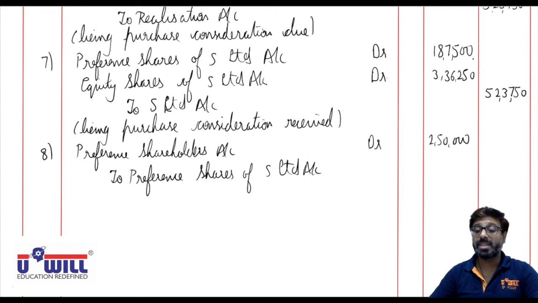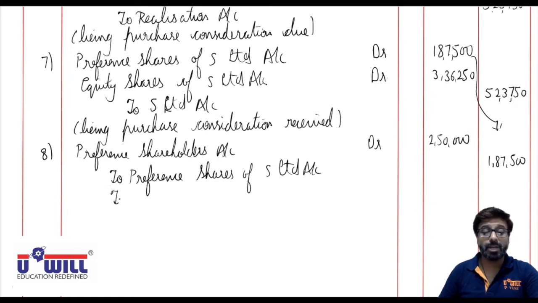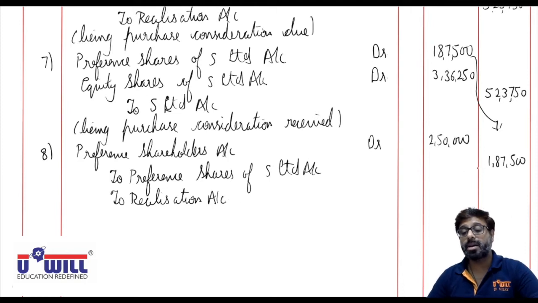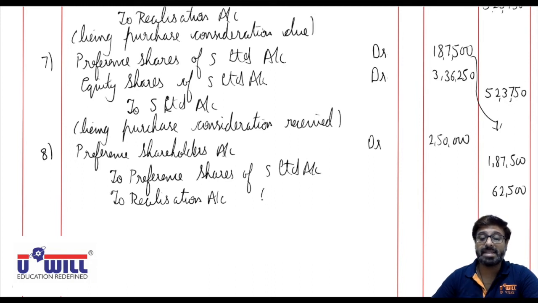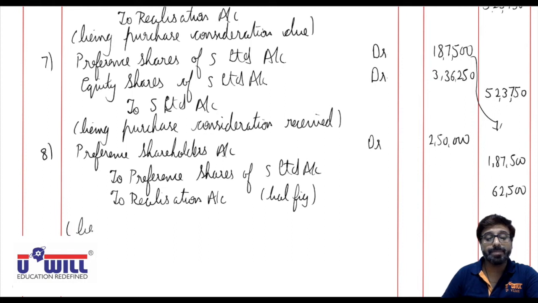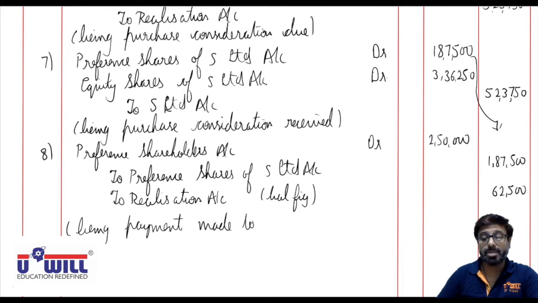We will give them preference shares of 187,500, and difference amount we will transfer to realization account. As we are paying them less, that profit will be earned by equity shareholders. How much less we are paying? 62,500. 2,50,000 minus 187,500, balancing figure, being payment made to preference shareholders.